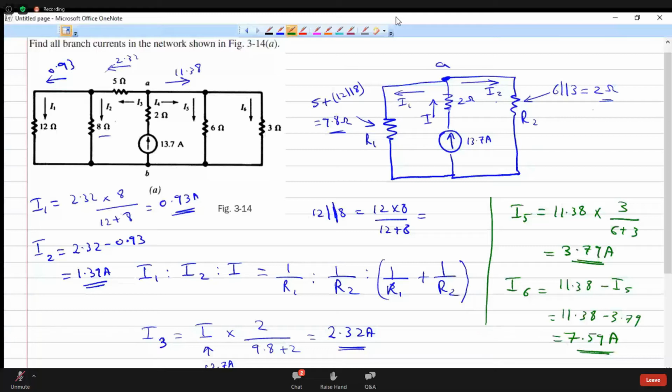In exams, we may be asked only to find I6. In that case, we don't have to do the other steps. Only find the current that is coming towards the right, then use the current divider rule again to find I6. If it is an objective type question and you are asked to find all the currents, then you have to follow all these steps to find the currents across all branches.